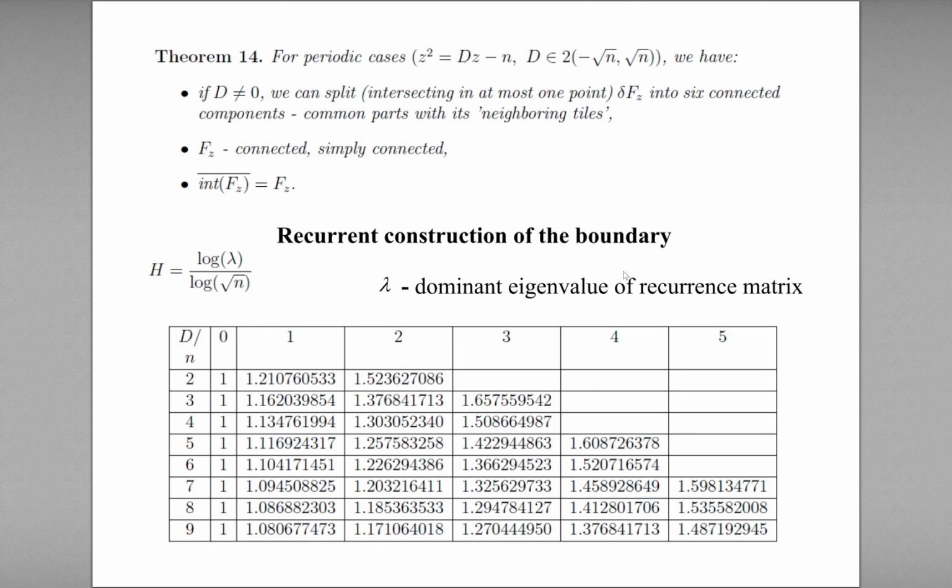And finally, here again we can find these transition matrices, and from the logarithm of the dominant eigenvalue we get the Hausdorff dimension, and these are the analytical formulas for Hausdorff dimensions of these various fractals. So it seems it was completely unknown, and it was found in my paper in 2005.